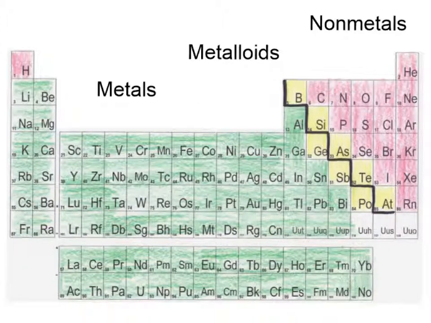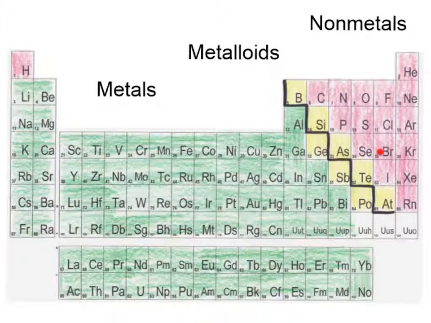Those are metals. Some of these you might not realize. Sodium is a metal. Potassium, calcium, those are metals as well. And general properties of metals: they conduct electricity well and are generally shiny or lustrous. They can be drawn into a wire, or they're also malleable and can be hammered into different shapes.